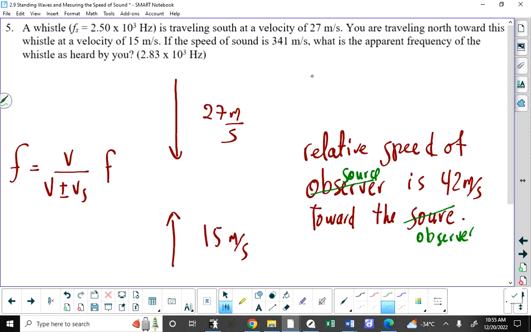We've already established that these two are getting closer to each other, which means the ripples are compressed closer together because the whistle is moving, and I'm passing them even quicker because I'm moving over the ripples towards the source, which means we're going to have a subtraction. Exactly. So what is the speed? 341 over 341 minus 42, times the frequency that the whistle has.